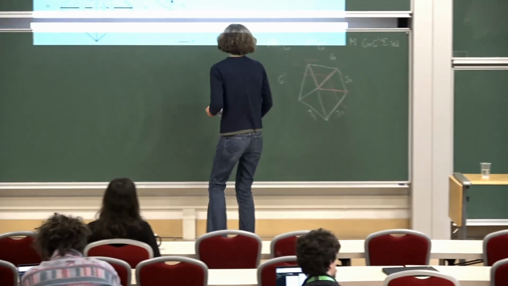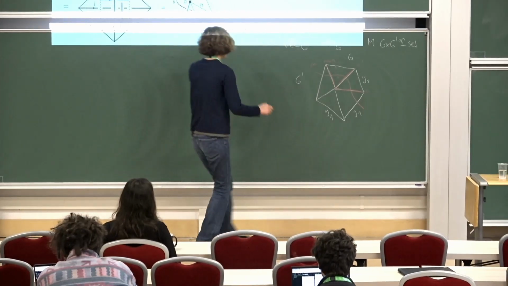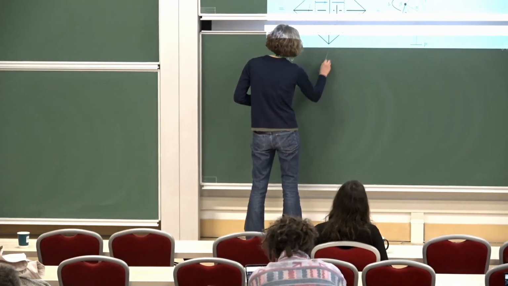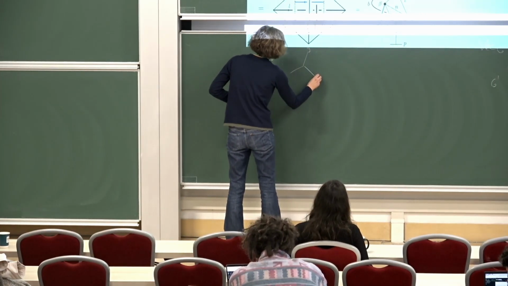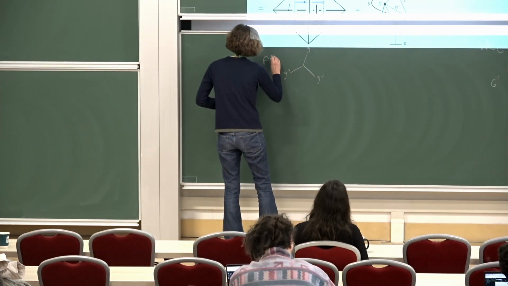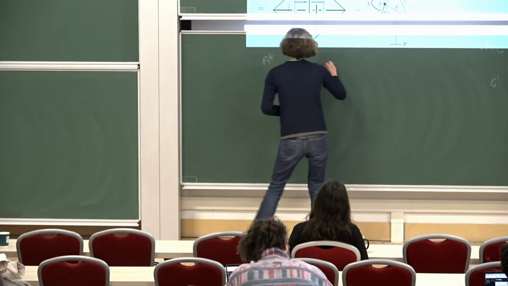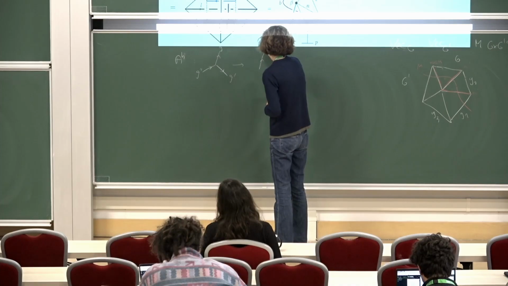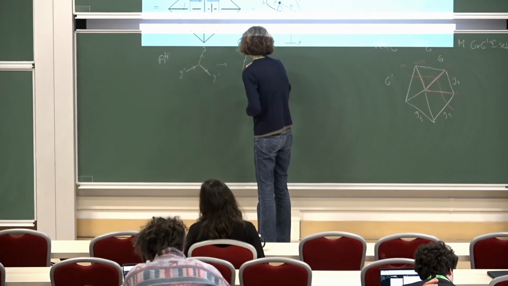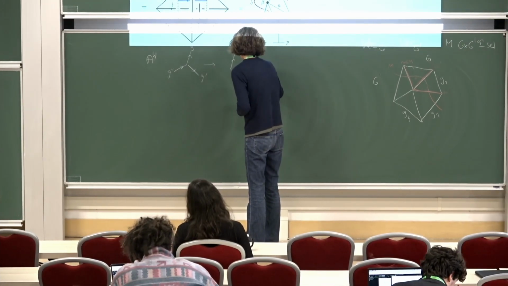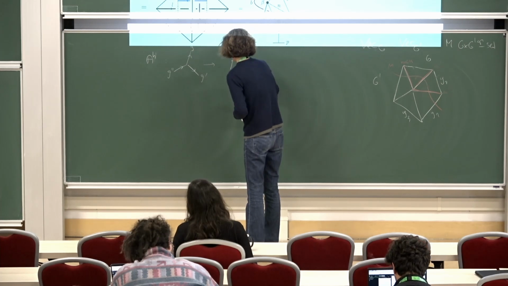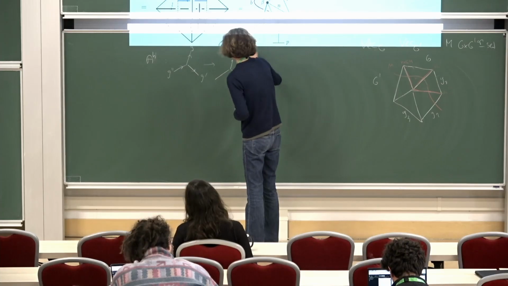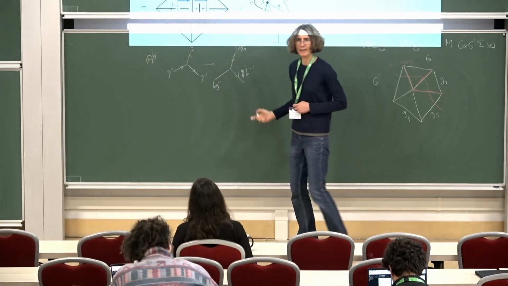So what happens to the vertex operator: usually your vertex operator, when you have a vertex with say G prime and G prime prime, let's call this H, then it sends this to G H inverse and H G prime prime, right?